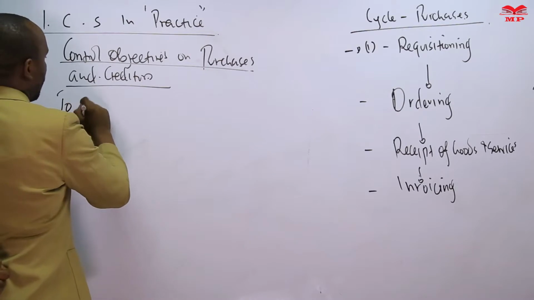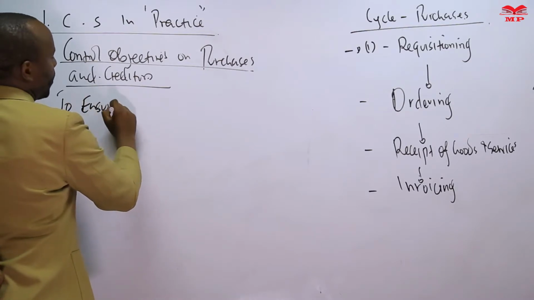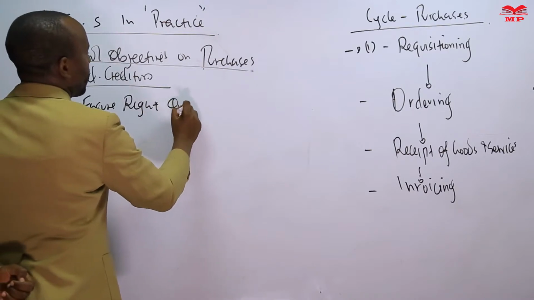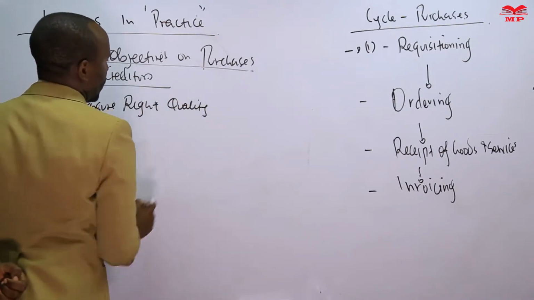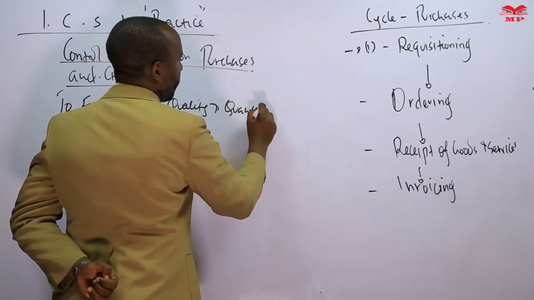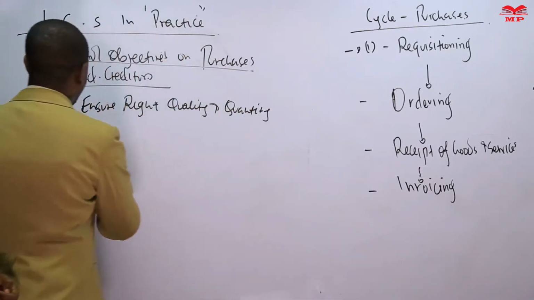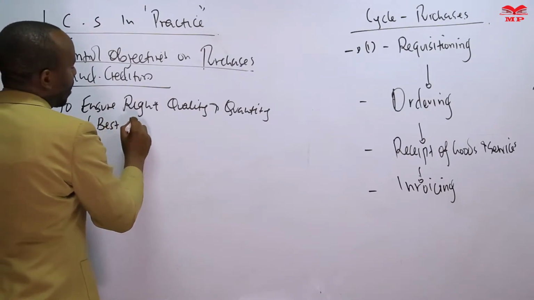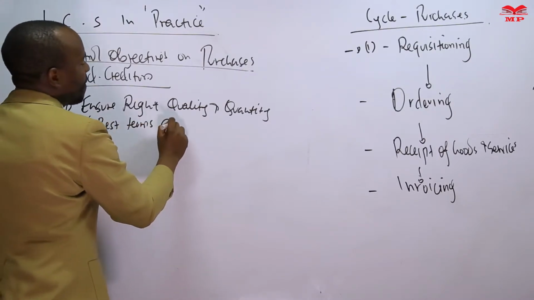To ensure right quality of the goods. Quality goes together with what? Quantity. And at the best terms available.